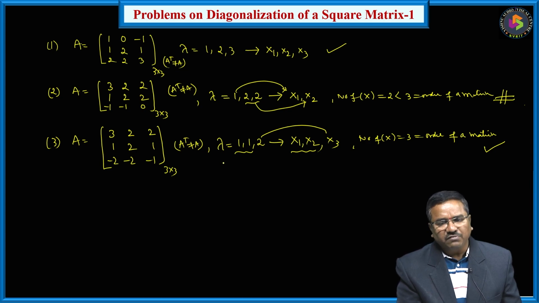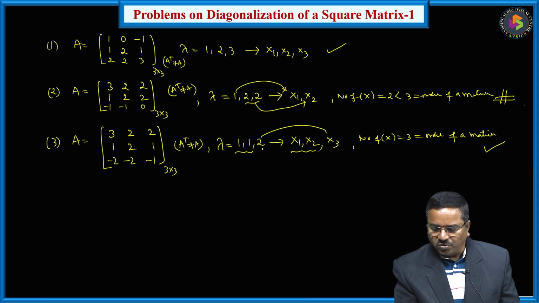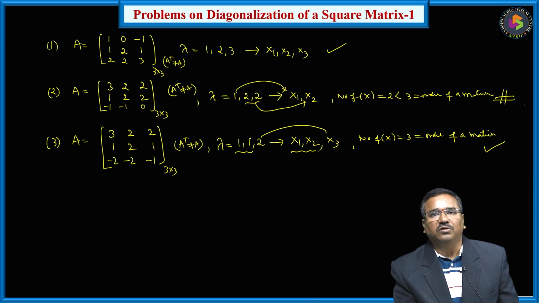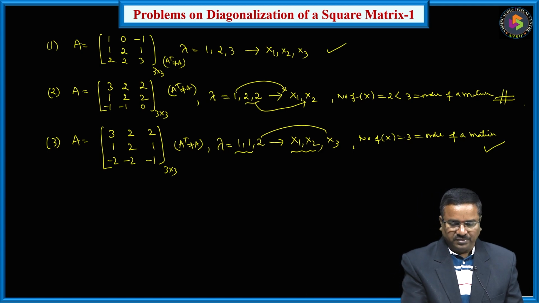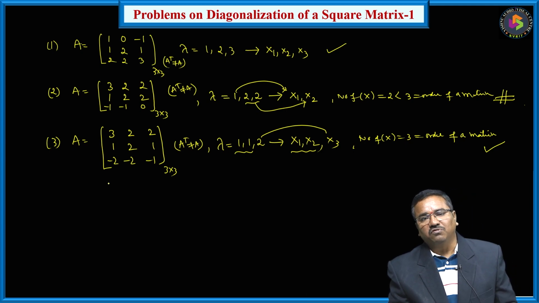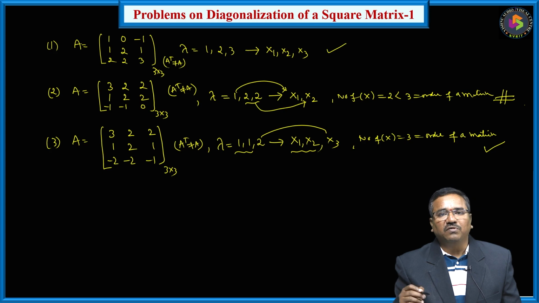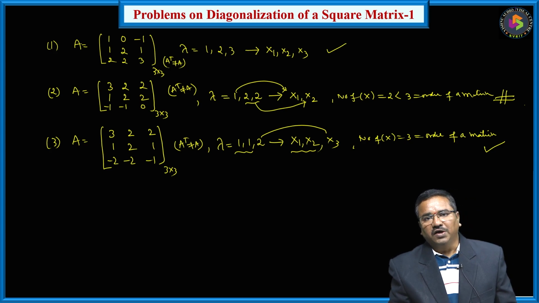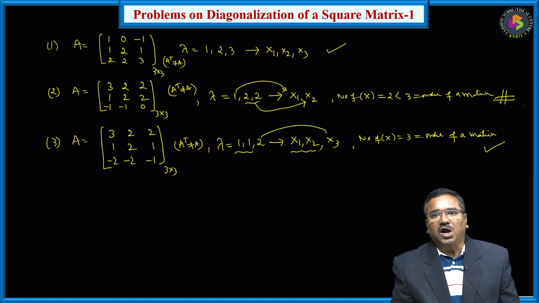For this one, eigenvalues are not distinct, we will get repeated eigenvalues, but we will get one eigenvalue, let us say 1. But for the repeated roots we will get 2 eigenvalues. So totally how many eigenvectors did we get here? 3. Therefore here the matrix is diagonalizable. Even though eigenvalues are not distinct, this matrix is diagonalizable. Why? Because the number of linearly independent vectors we finally got is equal to the order of the matrix.